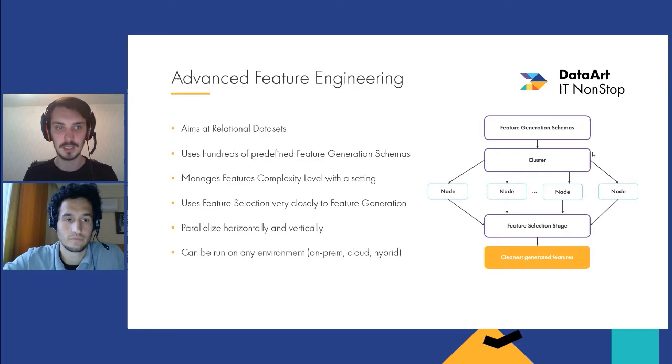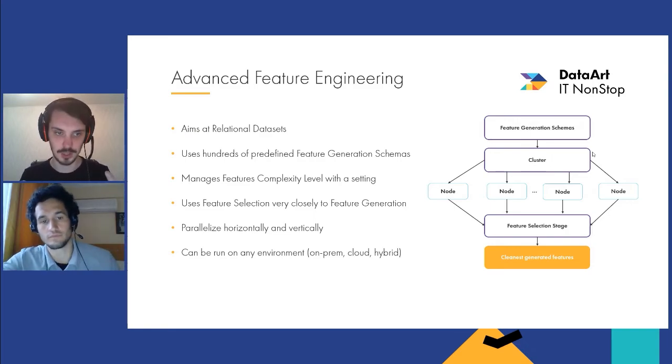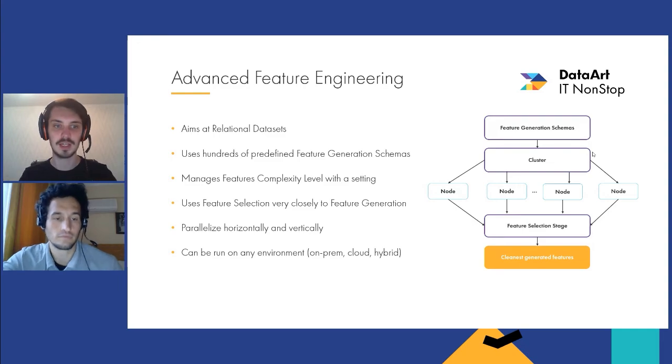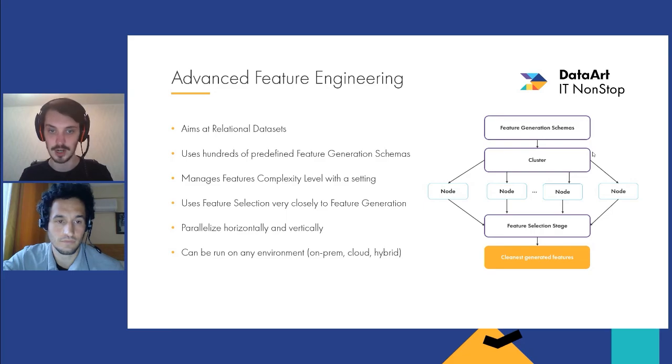So it aims at relational data sets. It uses hundreds of predefined feature generation schemas, and we can manage feature complexity in the beginning of the pipeline with just a setting. It uses feature selection techniques very closely with feature generation techniques. So we'll get the best features on each iteration that we can. And it can parallelize horizontally and vertically in any cloud and on-premise.